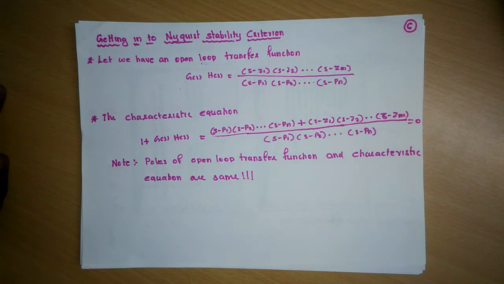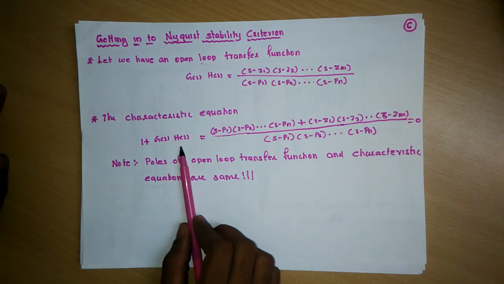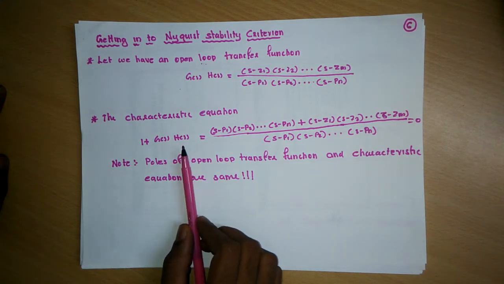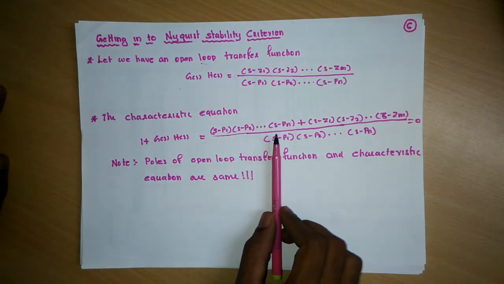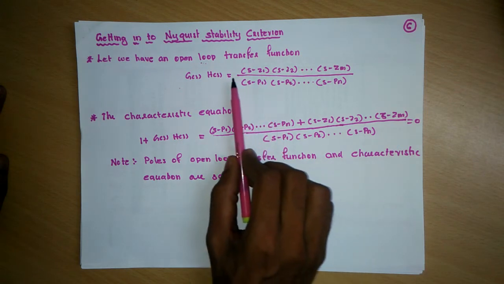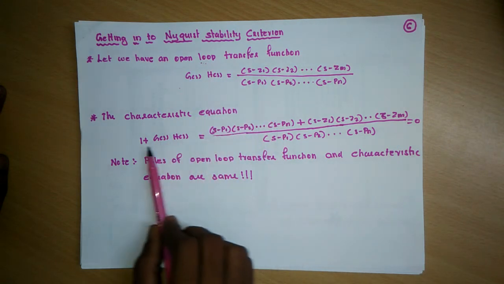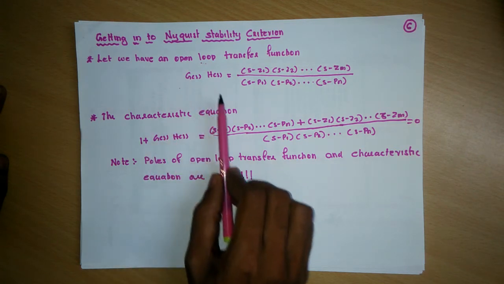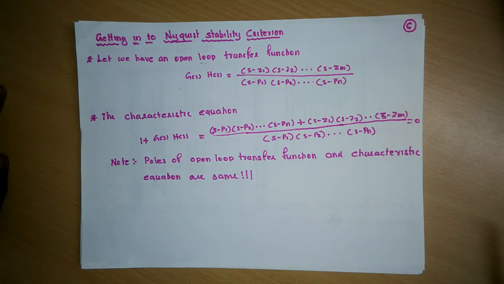So, comparing the open loop transfer function G of S H of S and the characteristic equation 1 plus G of S H of S, I can conclude that both these functions have the same poles, because they have the same denominator. That means they have the same poles.